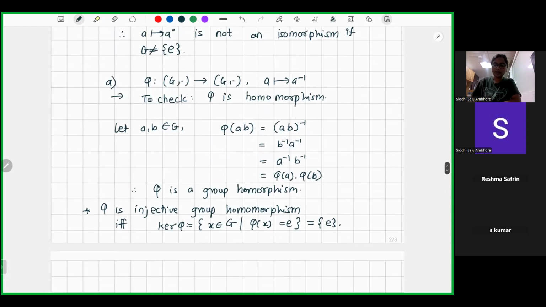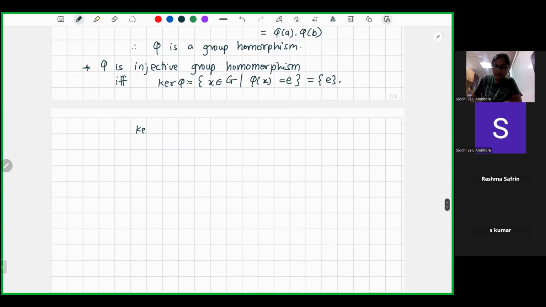So here, in the given case, kernel phi is all those x in G such that phi of x is e, that is, all those x in G such that x inverse is identity. But when does x inverse equal identity?